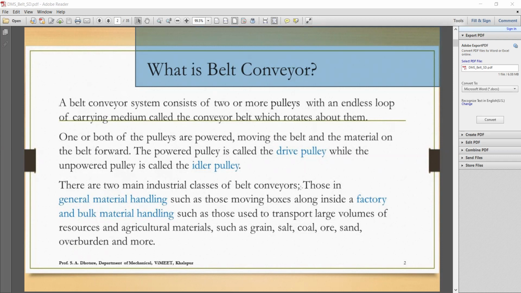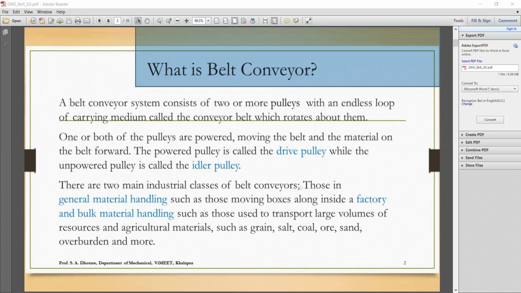There are a number of pulleys used. Every pulley has different constraints and different applications, or you can say their own different function, and based on that, they are used. From an industry point of view, we have classified belt conveyors in two manners.